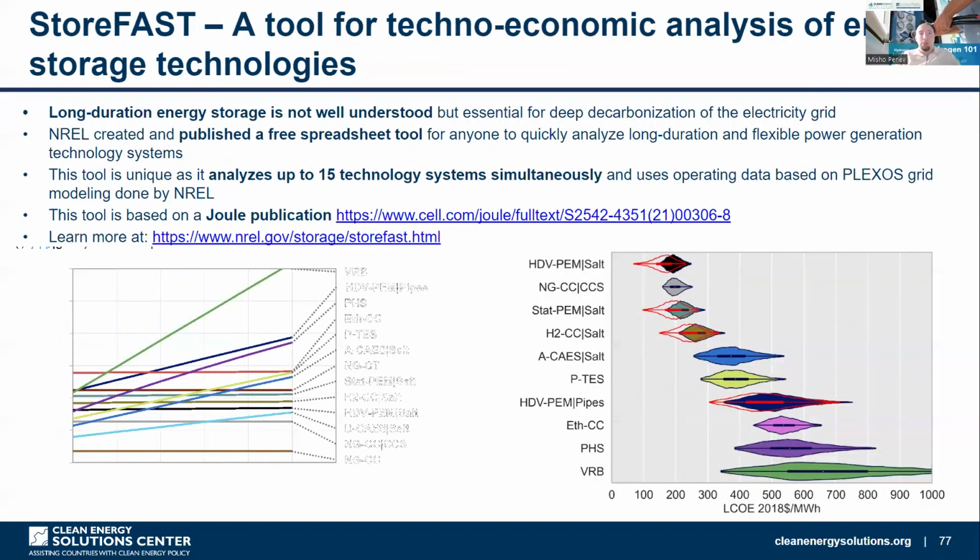One of the models that is available, again, for free is the StoreFast model. Omar mentioned that hydrogen is envisioned to serve as a long duration, either seasonal or monthly storage for electricity to allow decarbonization of the peaking capacity for the US grid.